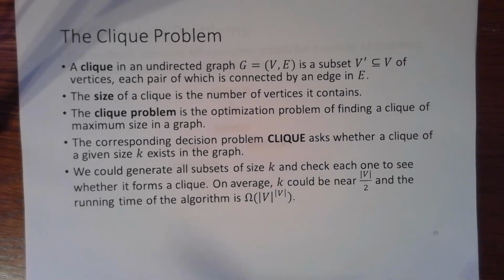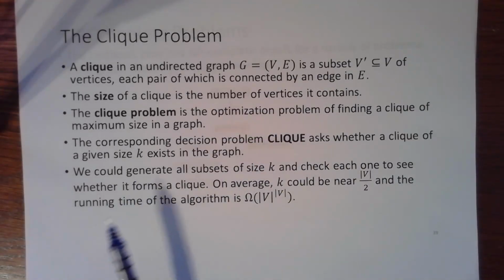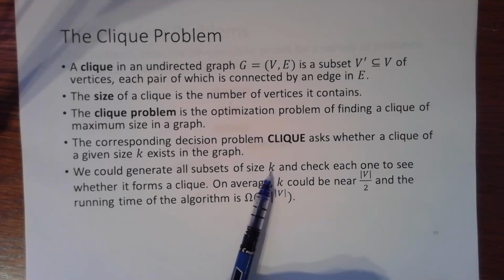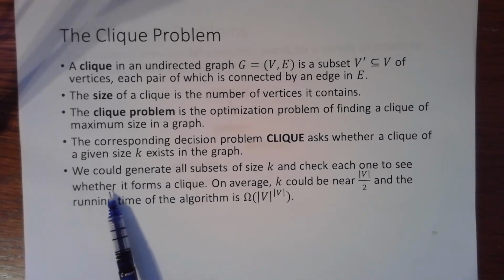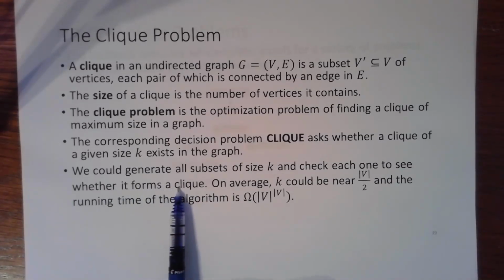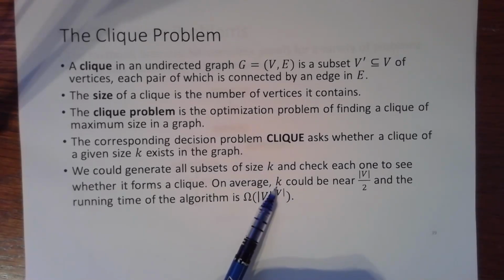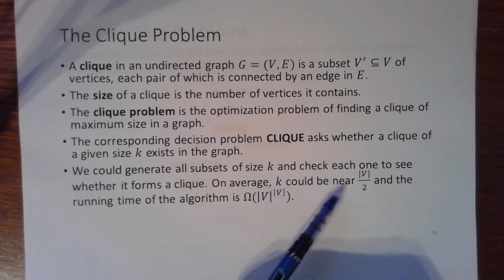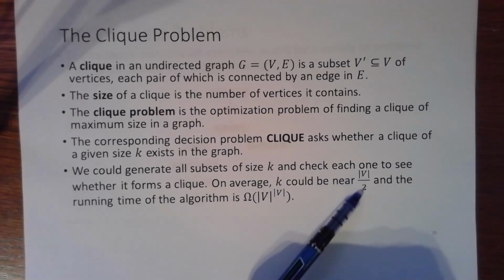Okay, so an obvious way to solve the clique problem is to generate all the subsets of size k and check all the vertices and see if the vertices have edges between them. And if they did, then that would form a clique. Now that k that you're asking about could be very near to the number of vertices over 2.